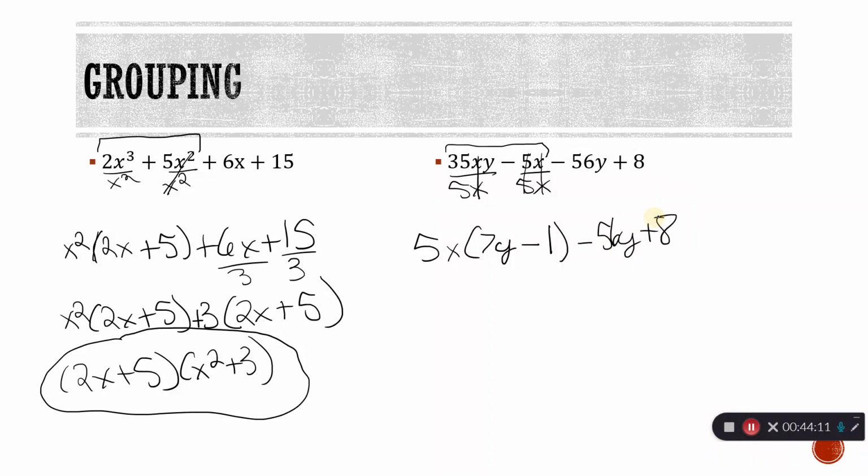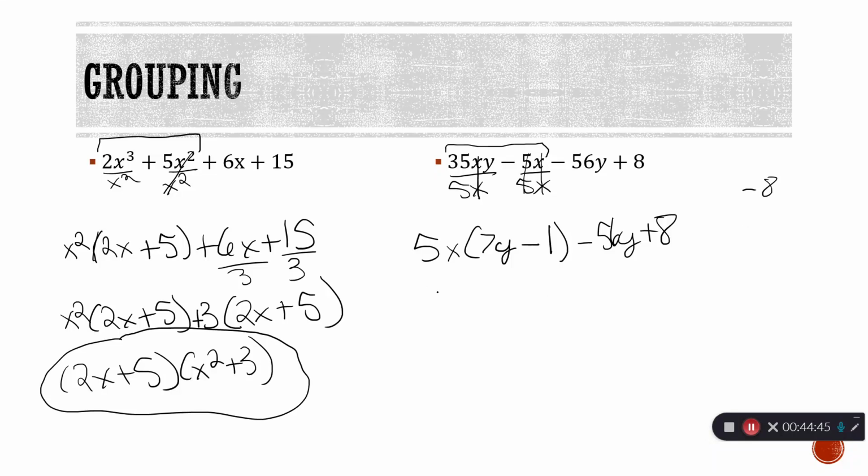Okay. So minus 56y plus 8. So now I got to get negative 56y plus 8 to look like 7y minus 1. So first up, I got a negative 56y. How can I get negative 56y to look like 7y? I got to divide it by negative 8, right? So we'll put negative 8 over here to keep it in our minds. And then how would I get 8 to look like negative 1? I divide it by negative 8.